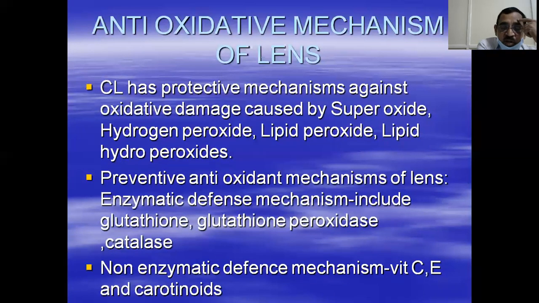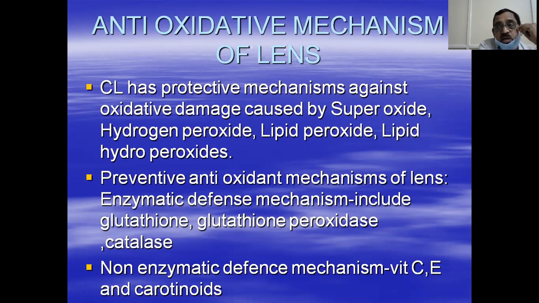The antioxidant mechanism of the lens is important because of the oxidative damage caused by superoxide, hydrogen peroxide, lipid peroxide, and lipid hydroperoxides. They cause opacification of the lens. So the crystalline lens has protective mechanisms against this oxidative damage.